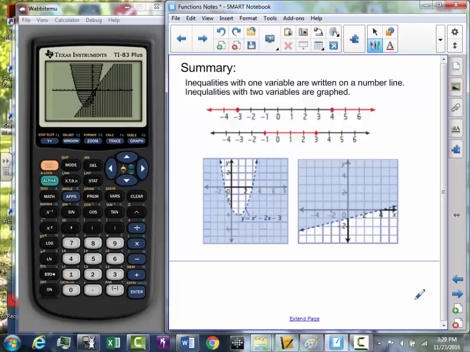One last thing. You know how you have an open circle and a shaded circle to illustrate whether it's greater than or equal to? We actually also have a convention on these graphs right here. If it is a dotted line, it means it is not or equal to. If it is a solid line, it means it is or equal to. Does that make sense? So this one right here, see how they've used dotted lines?